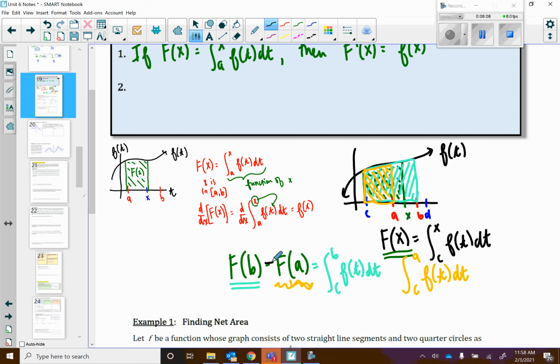And we are subtracting these two things. So think about it. If this blue integral is this blue area, and I'm subtracting from it this yellow area, what am I left with? I'm left with the integral, the area from a to b of f of t dt.